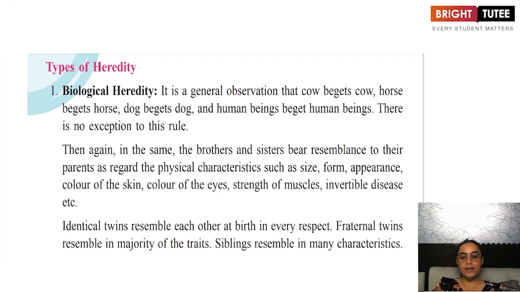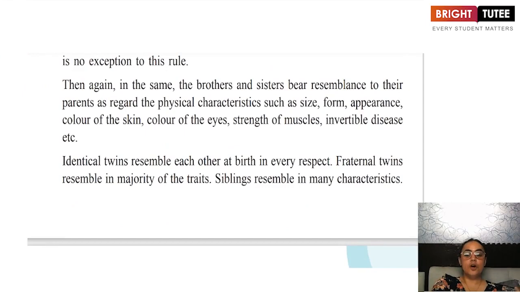So this is why the brothers and sisters have so much in common, because the genes of the parents are the same. Then we have the concept of the identical twins also.